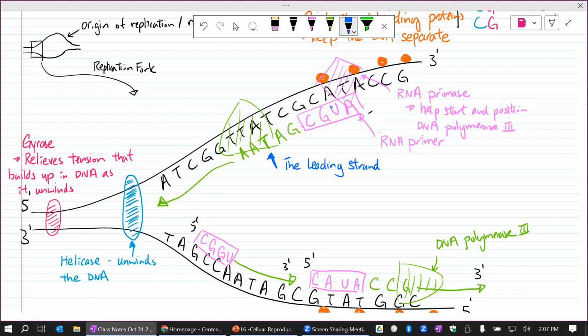The leading strand is synthesized continuously, and moves into the fork. Okay, it's going into the fork, right?